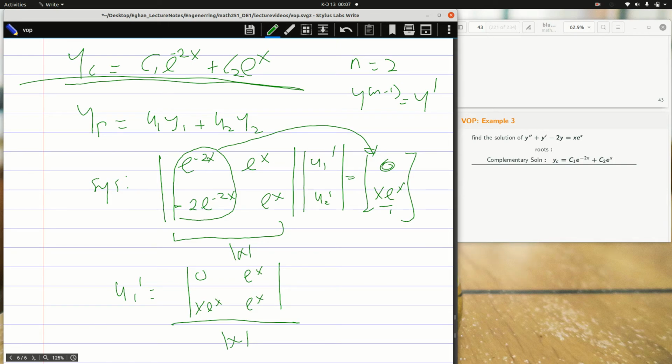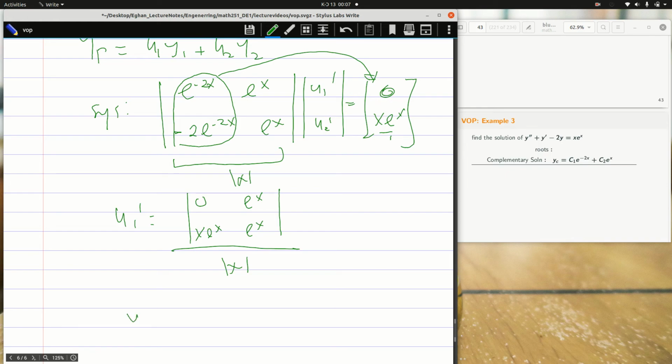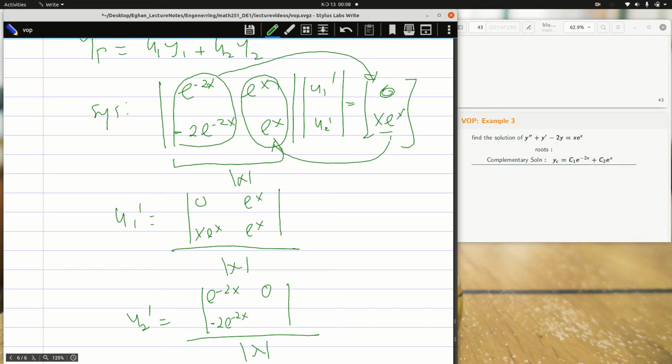If I want the second part of the solution, it's still some determinant over the Wronskian. With the second, I replace it by the terms here. So my first one remains, and then I have the 0, x e^x. What do I get for the numerator here? I'm going to get x e^(2x) over the Wronskian.